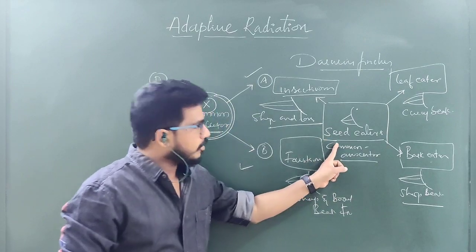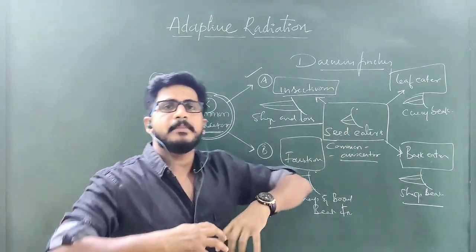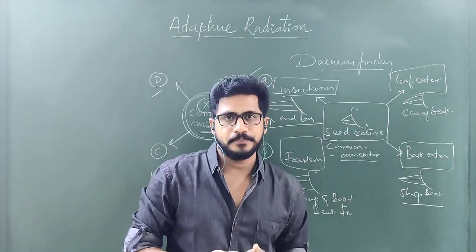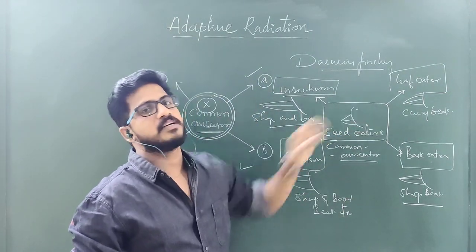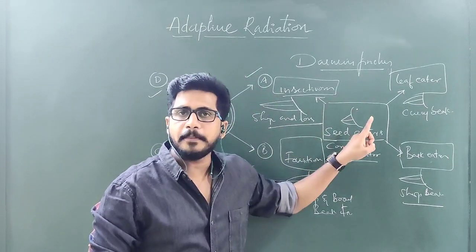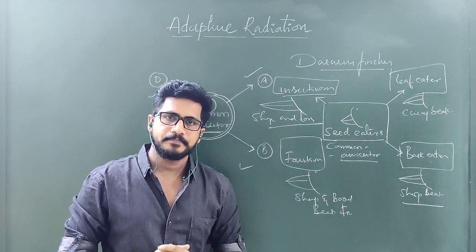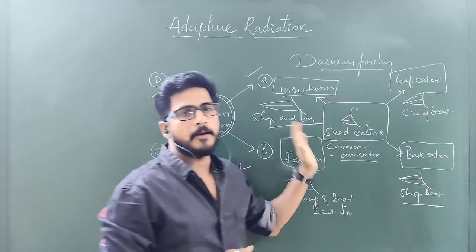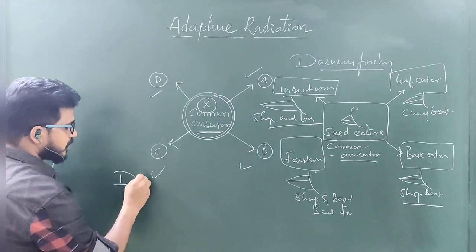Because the beak of the original finches is a seed eater's, but from that some adaptations happened due to the problem, so different types of beaked finch birds evolved by natural selection. If they are not adapted, severe fights will happen in the same species and a few will die. Understand? So this is what adaptive radiation is. This adaptive radiation is divergent.